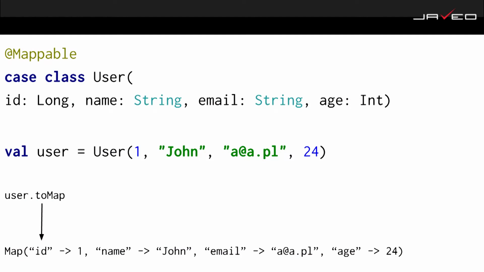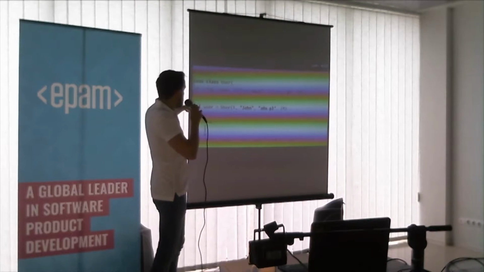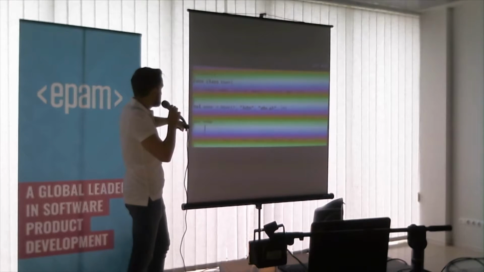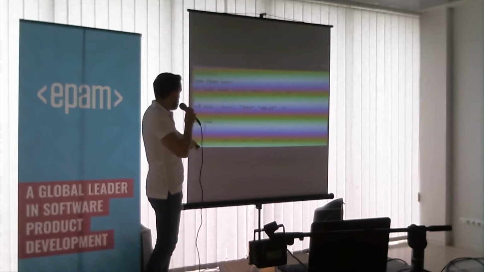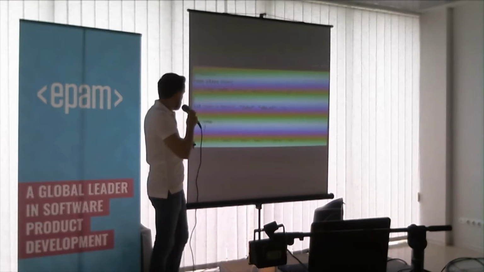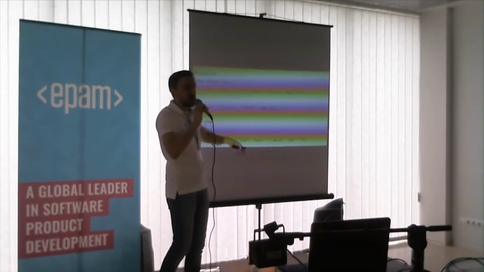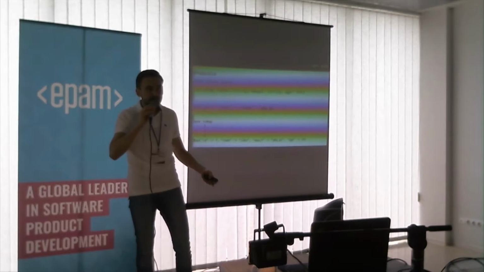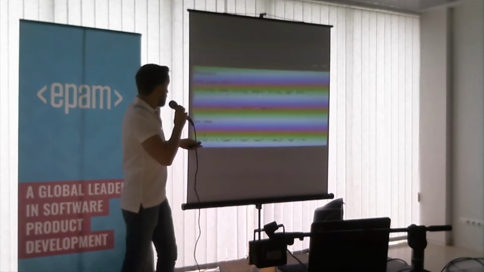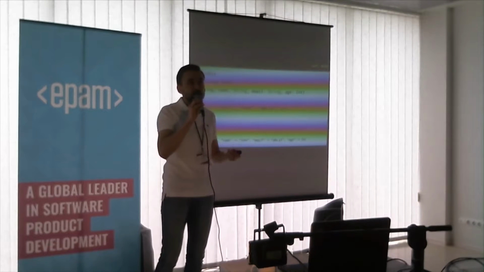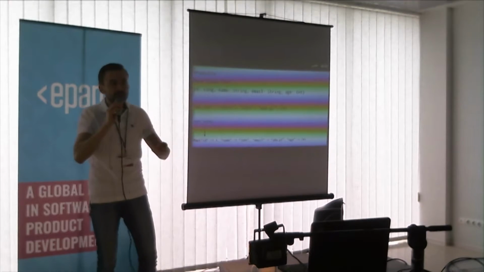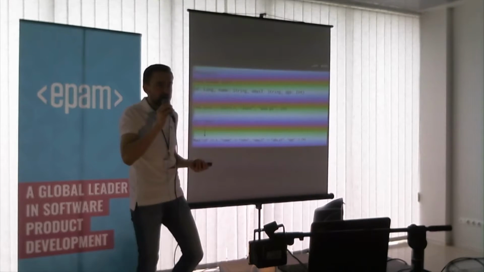You've got some case class with some fields, you instantiate this case class, and you've got a method toMap, which converts this case class to a map, where keys are names of your case class fields, and the values are values of those fields. On this Stack Overflow question, you will find a solution for how to do this with def macros. I will not repeat this solution, you can preview it by yourself.